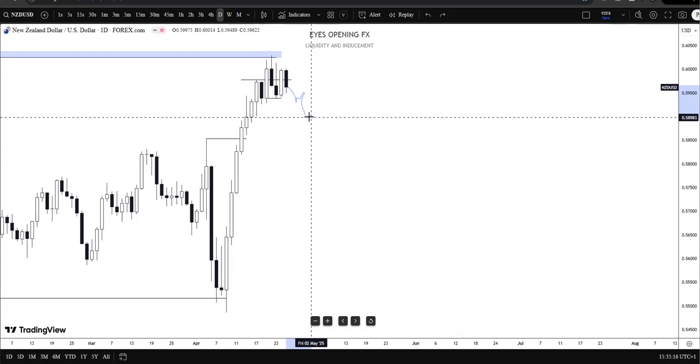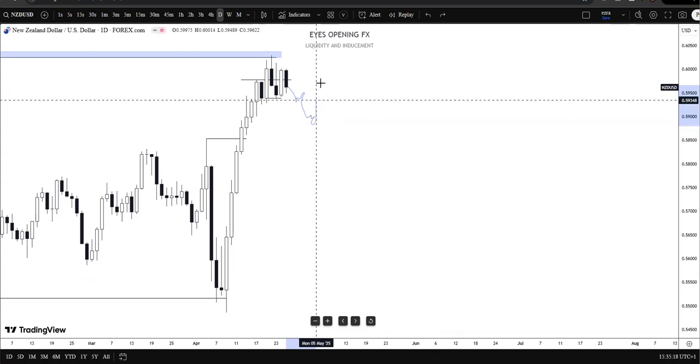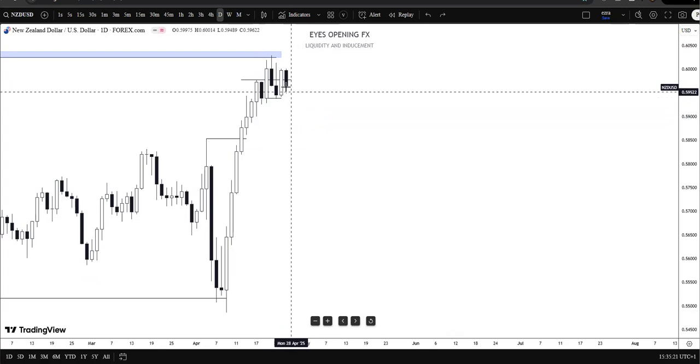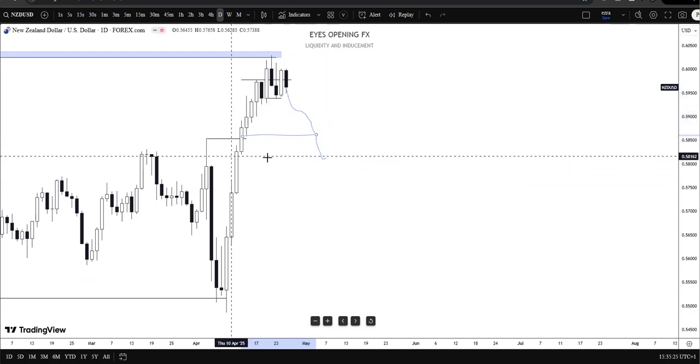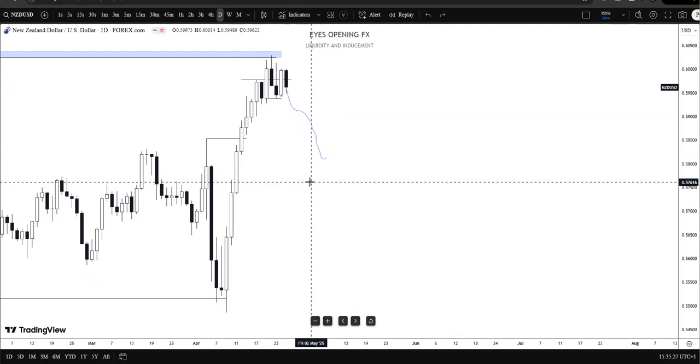After Tuesday, if Tuesday decides to reject, then you can expect maybe a retracement. Or if it doesn't reject, then I expect it to even trade up to these imbalances to fill. Right, that is one major thing you have to understand right there.